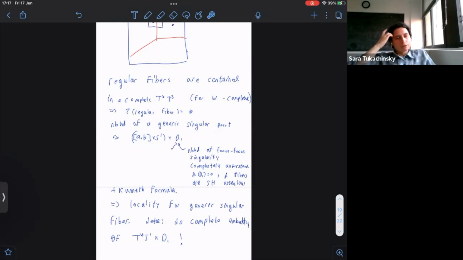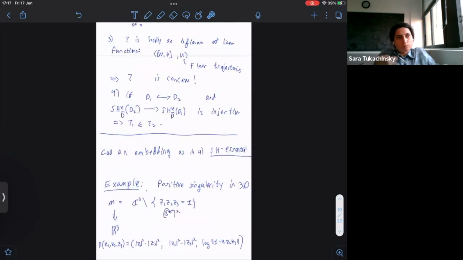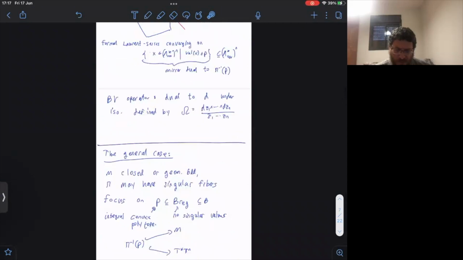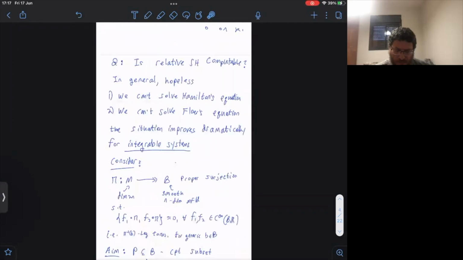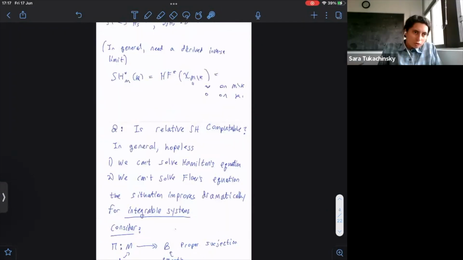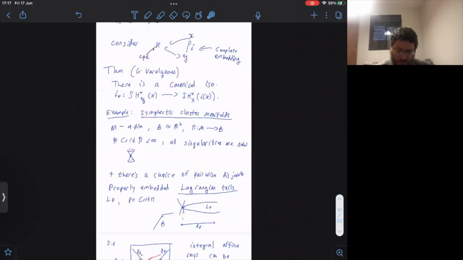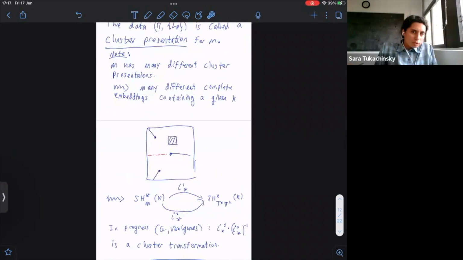So I have a naive question about something you said way earlier. When you remove those Lagrangian tails, you said that different decompositions give rise to an automorphism of the symplectic homology. Is there anything at all that you could say the other way around?